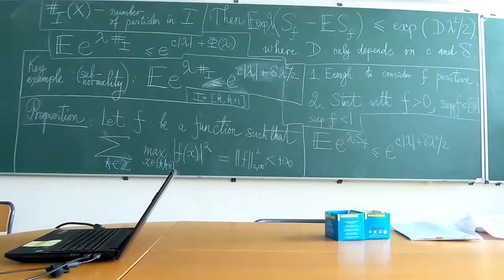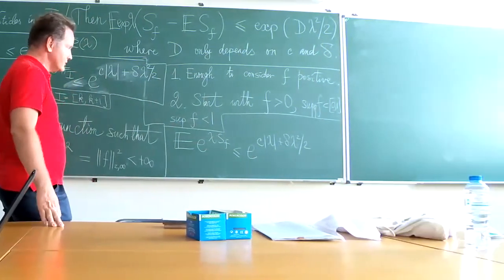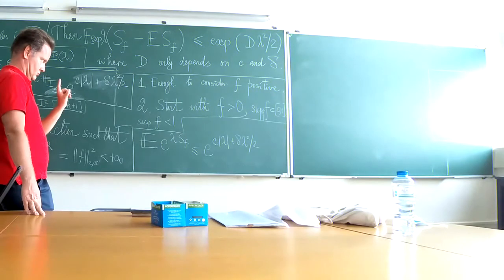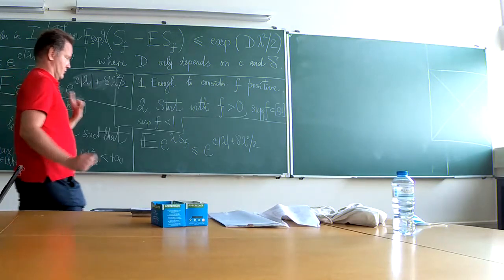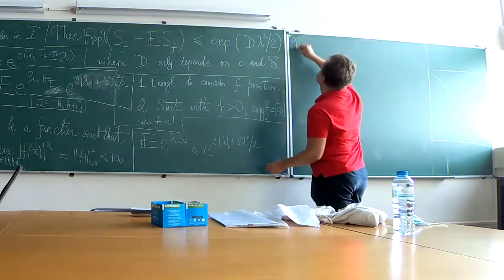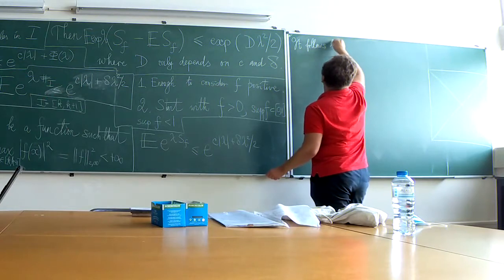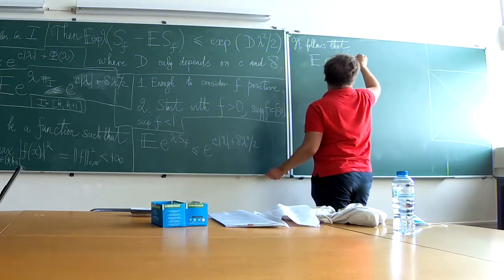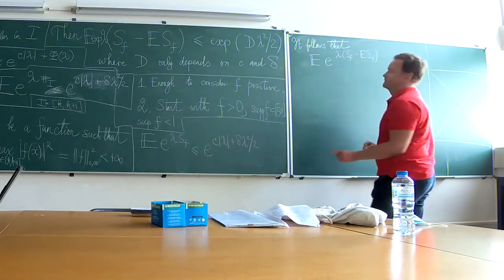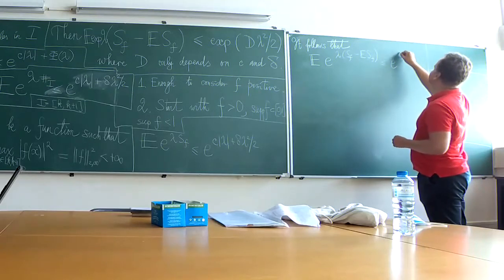Observe, however, that we also know, just from this very fact, it follows that the expectation of e to the lambda Sf minus its expectation is less than some e to the delta.